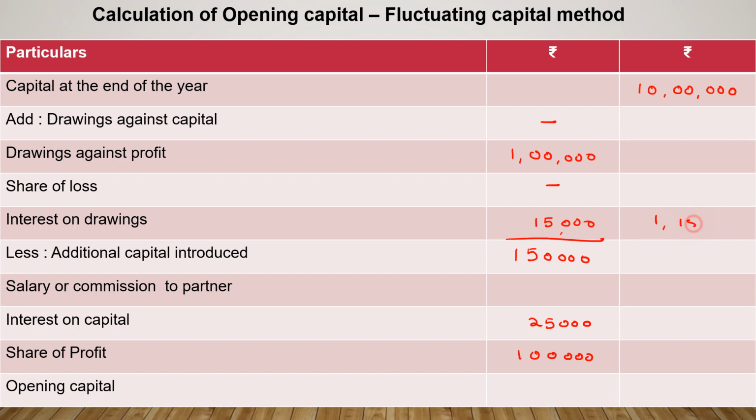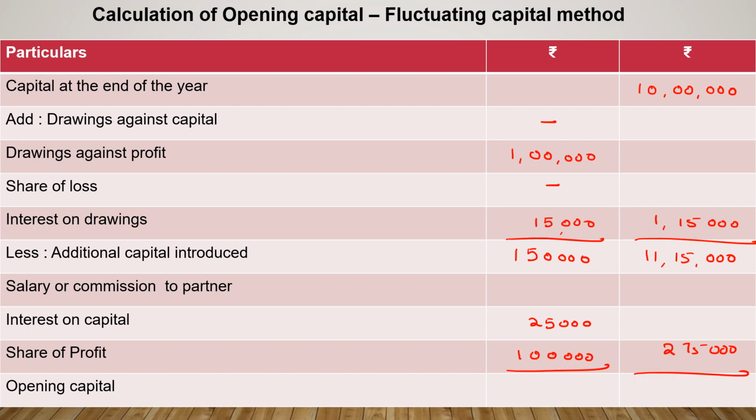So this way we total up the drawings against profit and interest on drawings. It comes to 1,15,000. So that yields us 11,15,000. And we are supposed to subtract here 2,75,000. So now we again calculate.